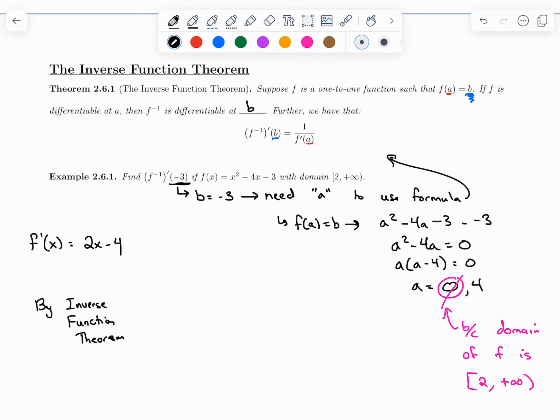After a while, and you do mention it several times in upper division mathematics, to save yourself, you write IVT, inverse function theorem. But the problem is there's also a theorem called the implicit function theorem. So there's another IVT. So you do INVT and IMVT. But either way, by the inverse function theorem, f inverse prime of -3 is equal to 1 over f prime of 4, which would be 1 over 2 times 4 minus 4, which would be 1/4.